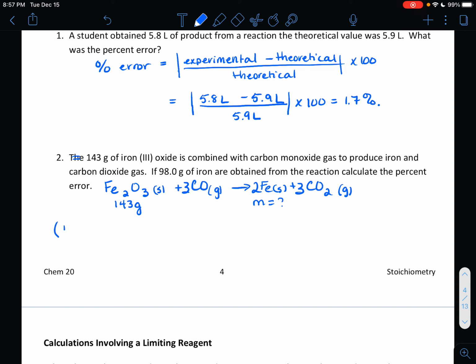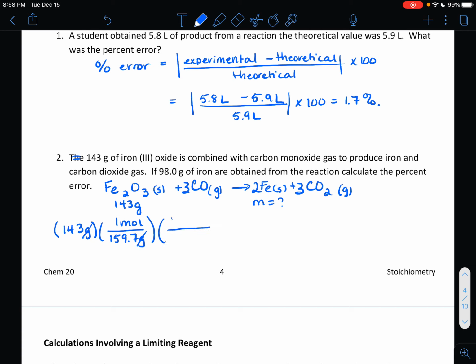Next step is to find moles. So 143 grams, and then I need to use the molar mass. There it is, and that helps me find the moles of Fe2O3.